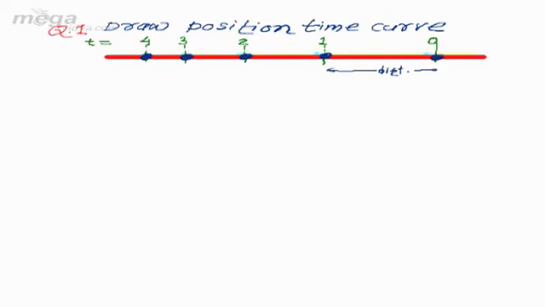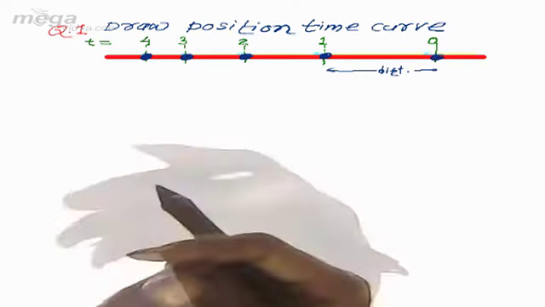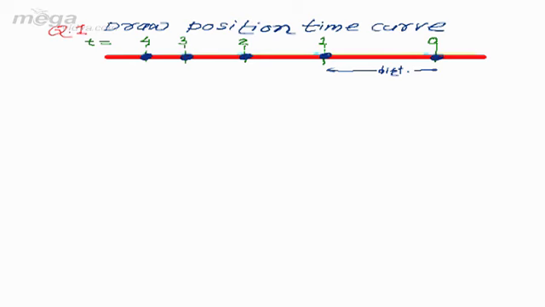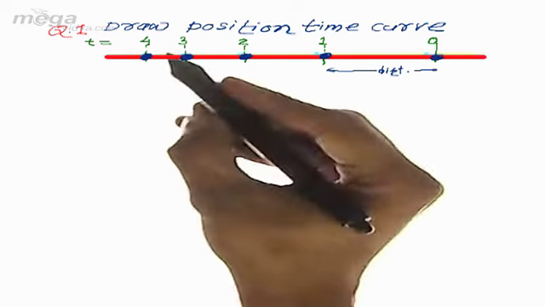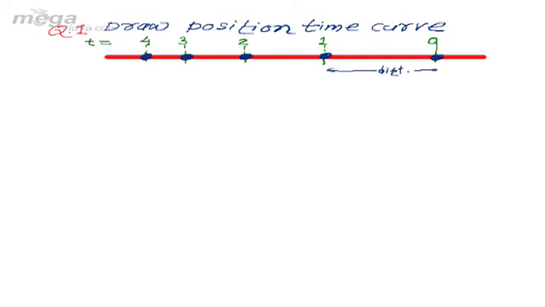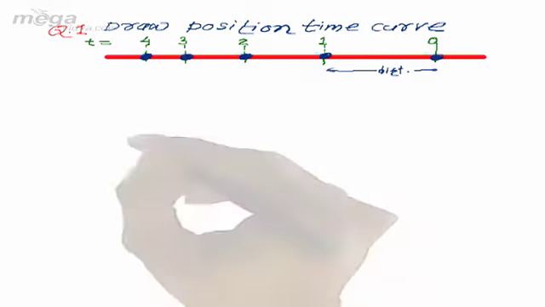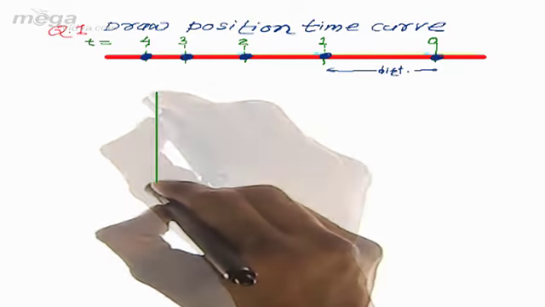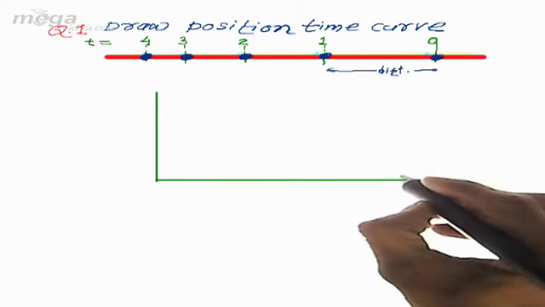And if successive time intervals of equal time, 1 second, are considered, then the distance traveled by the particle in that particular interval is decreasing.